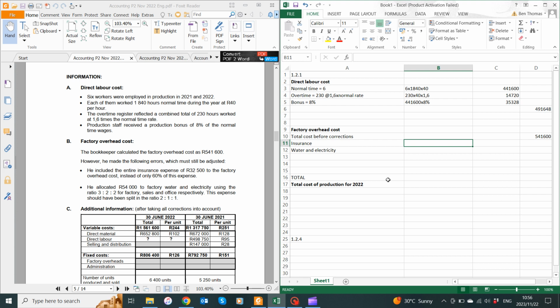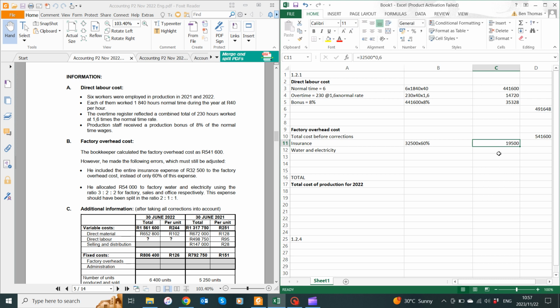If we say 32,500 times 60%, we would get the correct amount that's required for insurance. So let's quickly do that. 32,500 times 0.6.